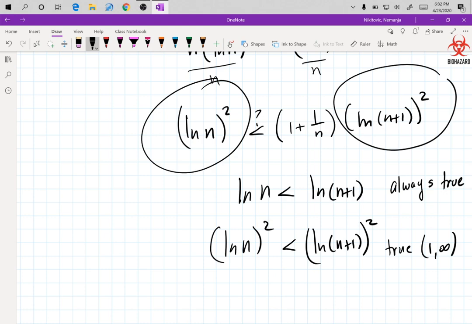Because 0 to 1 is a fraction, and when you take the ln of a value there, you get a negative number, and when you square it, you get a very large positive number, because negative times negative is positive, right? So it doesn't hold for numbers from 0 to 1, but it holds for all numbers that are bigger than 1.